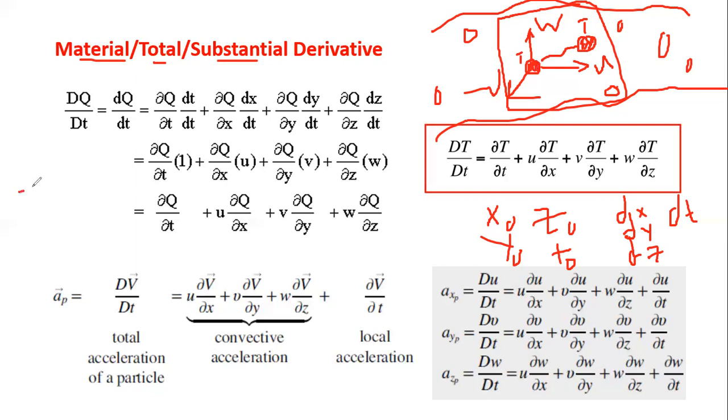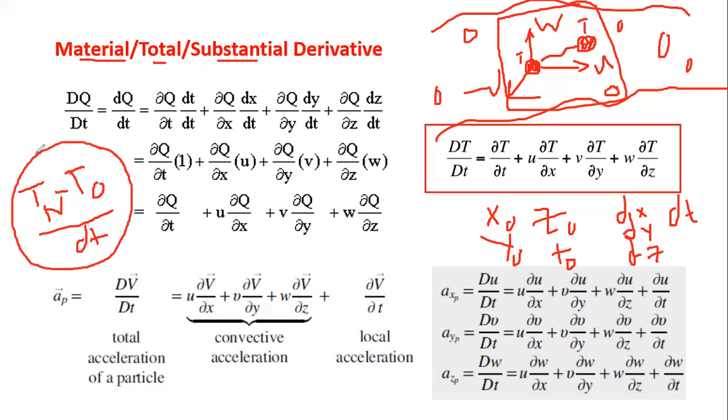If you subtract the old temperature from the new temperature and divide this by the time, you will have the change of temperature with respect to time.